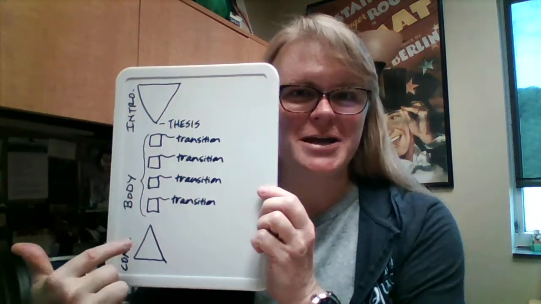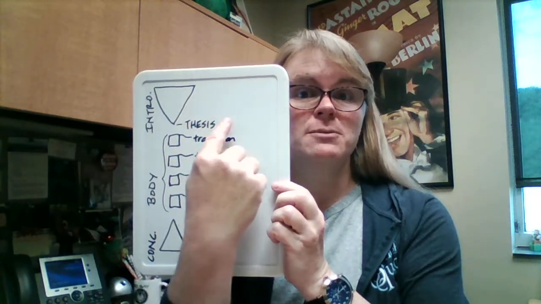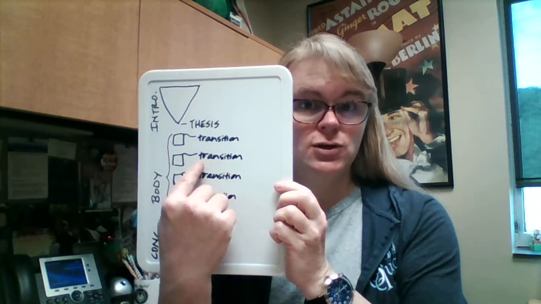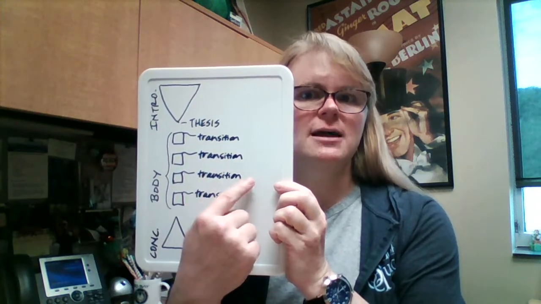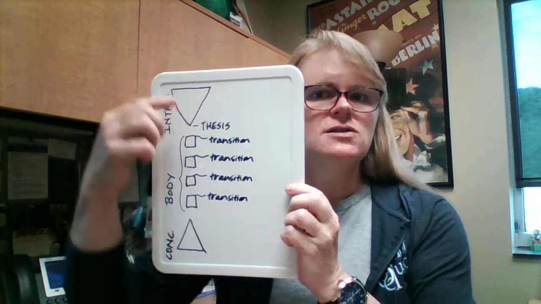You don't have to draw the shapes, but here's what my intro paragraph is going to say. Here's what my thesis is. Paragraph 1 is about this, paragraph 2 is about this, paragraph 3 is about this, on and on. Here's what my conclusion is going to say. So this structure becomes the outline that you'll turn in, where you're saying, here's what I'm planning. Here are the ideas that my essay is going to contain.